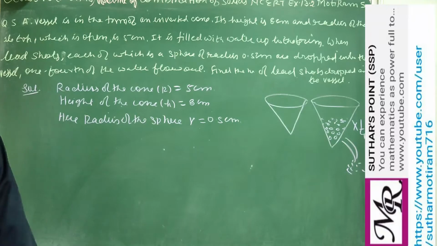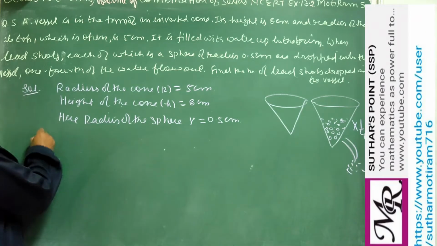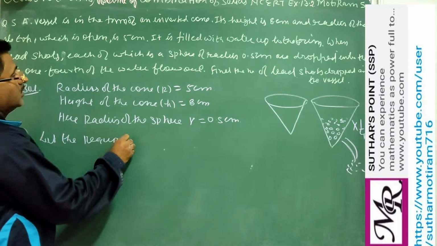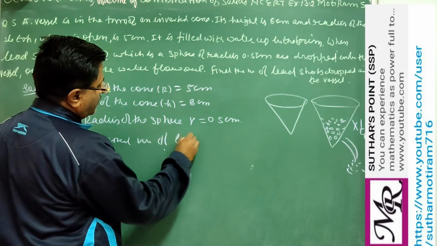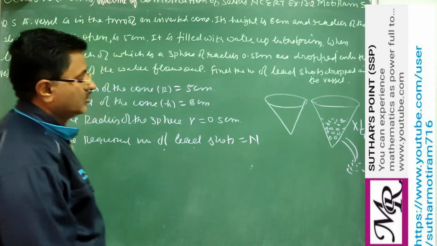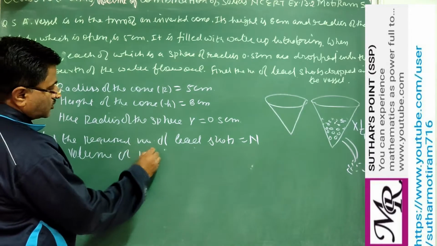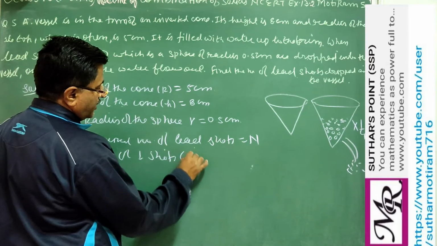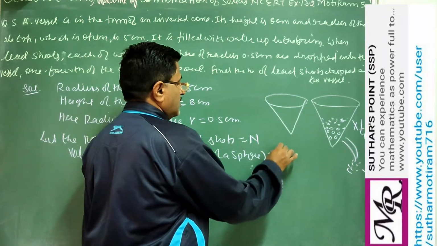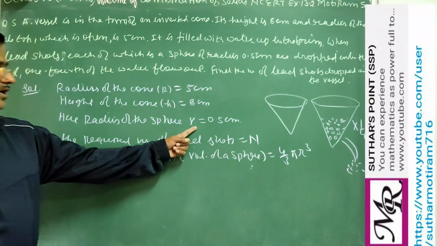Now we see the volume. Let the required number of shots be n. The volume of one shot is the volume of a sphere, because the shot is in the form of a sphere, and we know the volume of a sphere is 4/3 pi r cube, r taken small.